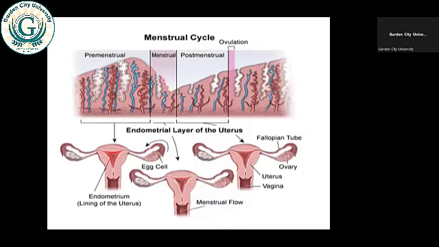So we still have a demonstration of the effect of the hormones on the endometrial lining: premenstrual, menstrual, and post-menstrual. You see, during the premenstrual period, the endometrial layer is growing.